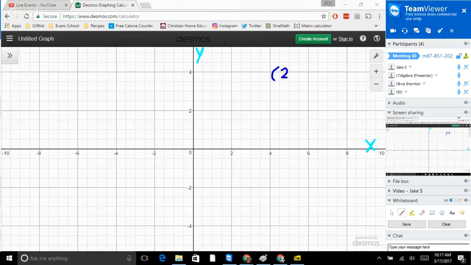So if I asked you to graph a point at (2, 3), this is a coordinate point. If I just said graph 2, you wouldn't be able to do that. But if I tell you to graph a point at (2, 3), you should be able to do that.